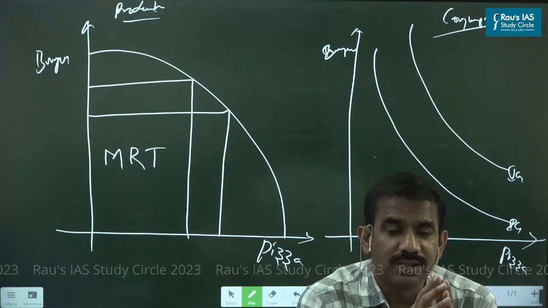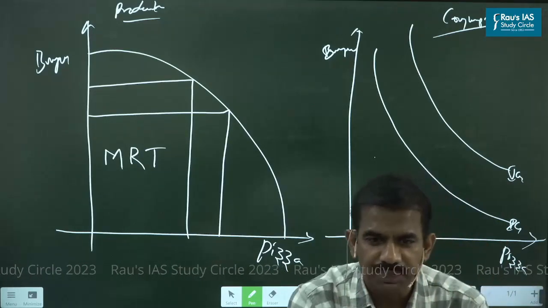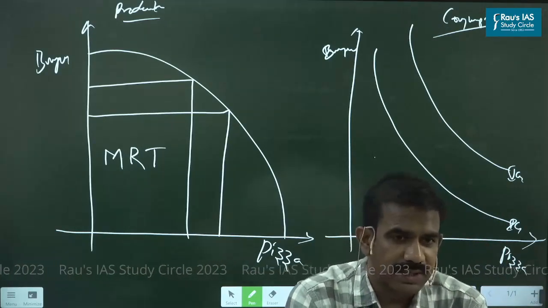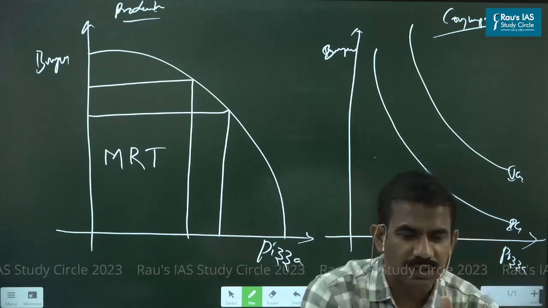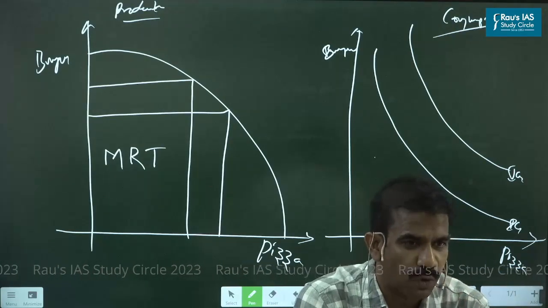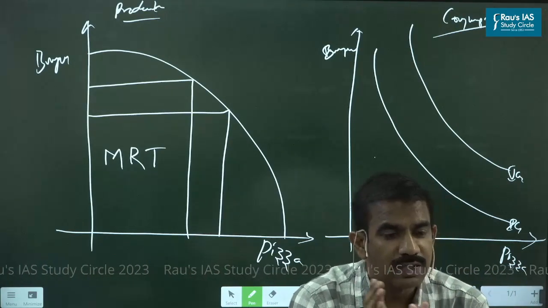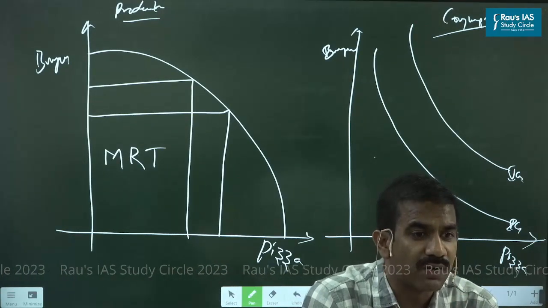So you're losing burgers to produce pizzas, isn't it? So it does mean if you want to transform some particular burgers into pizzas, you need to forego something, isn't it? So the number of burgers you need to forego to increase the output of pizzas is what we happen to measure in the name of marginal rate of transformation.